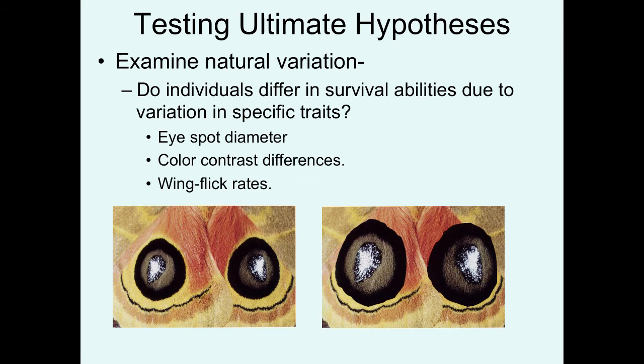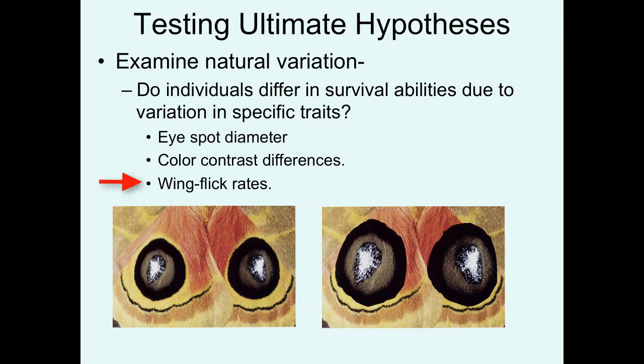So you can ask the question, do individuals differ in their survival abilities due to variation in the eye spot display? Do bigger eye spots affect survivorship, so that those with bigger eye spots create a greater startle effect in the predator? Is it more important to have more contrasting colors, so that those with more contrasting colors versus those with less contrasting colors have better survival?